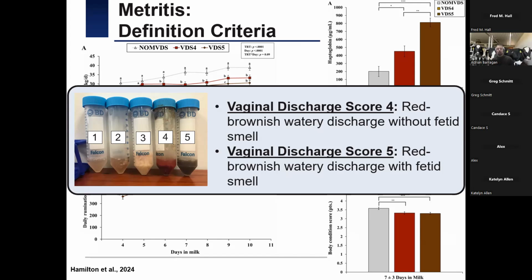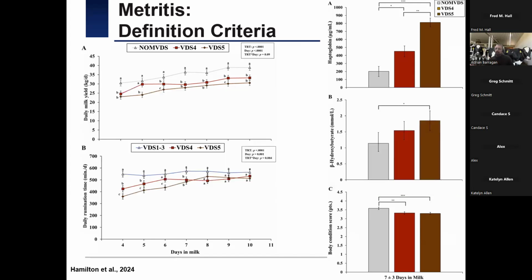Okay. So now what we found when we compare these two scores on lines of milk production, rumination, and metabolites is pretty interesting. So what you have in the graph in the top left corner is daily milk yield from 4 days in milk to 11 days in milk. And we did the diagnosis at 7 days in milk.